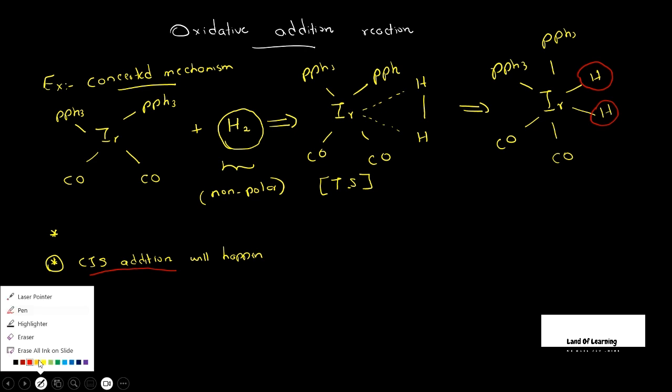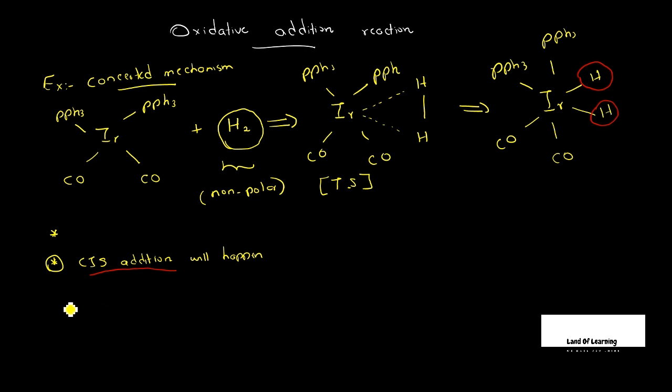Okay, the next point. Let me go back to another color. The next important point is that the reaction is second order. Why is that? The rate is based on both reactants, the hydrogen and our complex.